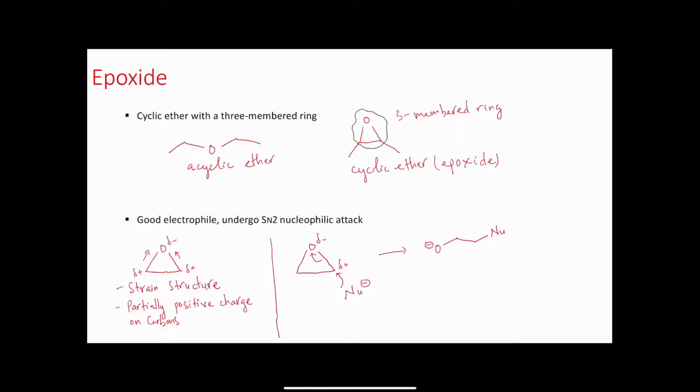It's gonna take the electrons of the bond between oxygen and carbon when the bond is broken. And with the acidic workup, we're gonna form the final alcohol product. So this is a typical reaction of epoxide, the nucleophilic attack.